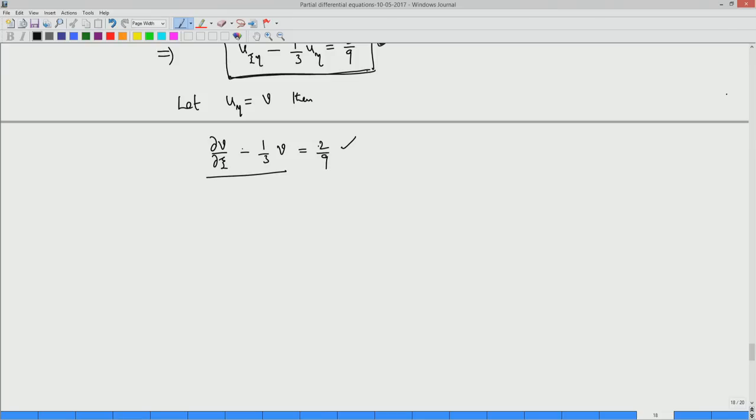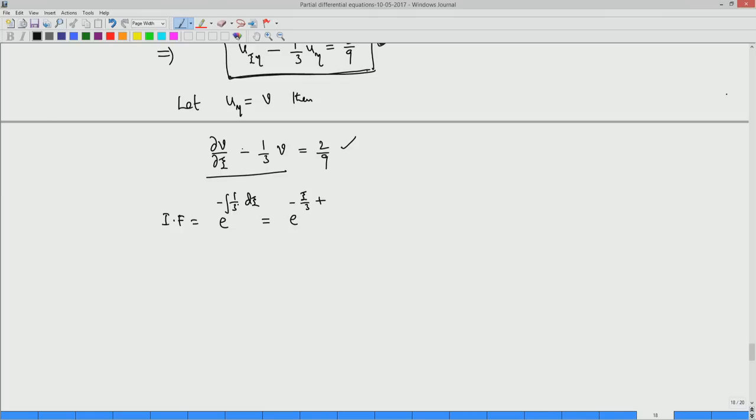Assume that it looks like a first order linear ODE. So if I multiply e power integral of p, which is minus 1 by 3 d xi, this is my integrating factor. So you have e power minus xi by 3.